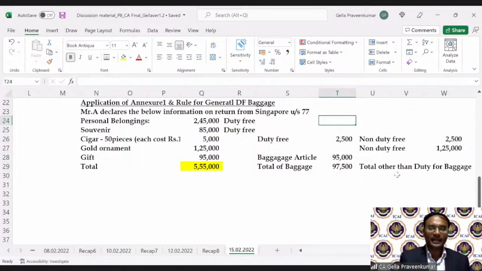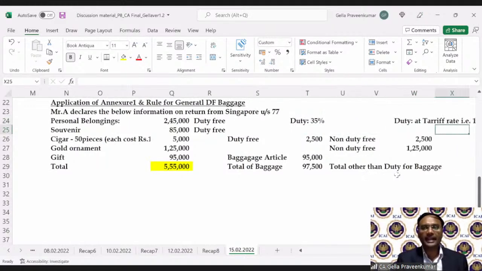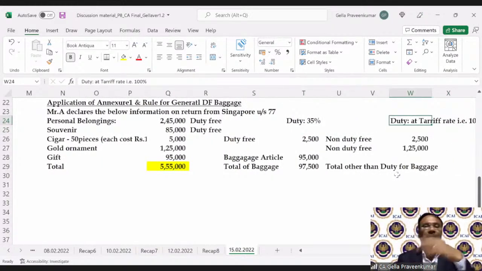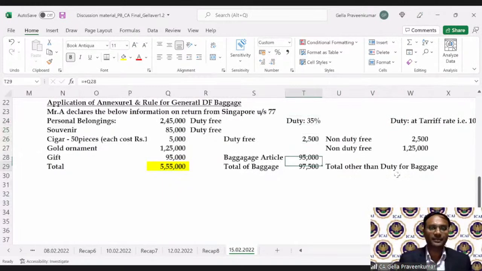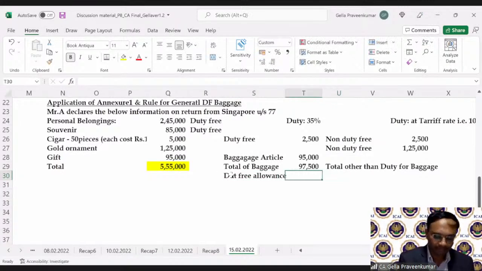Here, my rate of duty is 35% for baggage. Here, duty is at tariff rate. That is 100%. So in case of other than baggage, my rate of duty is different. In case of baggage, my rate of duty is 35%. So what I'll do here, come back to your rule 3. My duty-free allowance is rupees 50,000.